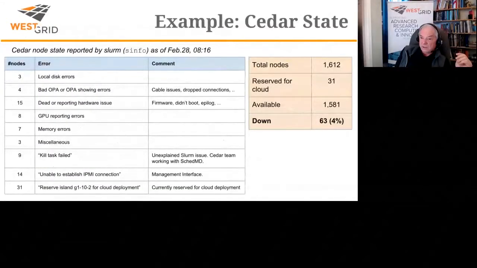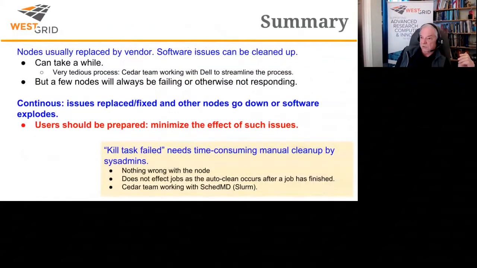I very quickly looked at Cedar nodes yesterday, and you can see the kind of errors: disk errors, bad Omni-Path, some GPU reporting errors. Overall, on Cedar, I think about 4% of the nodes are down at any one time, maybe 3%, somewhere in there. That gives you some idea that nodes are continually failing and having problems.